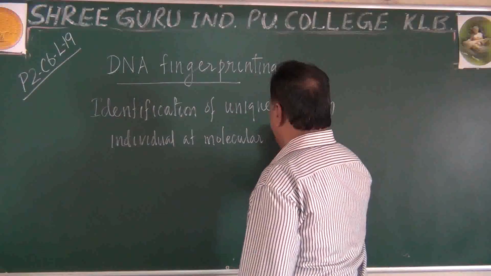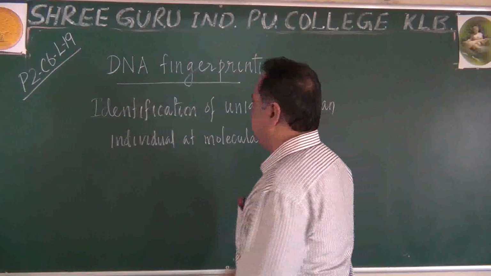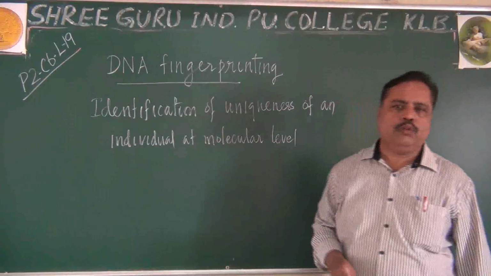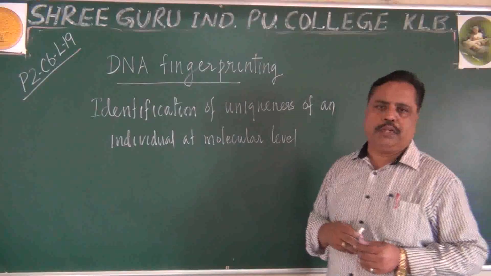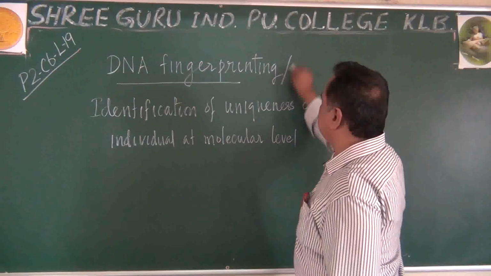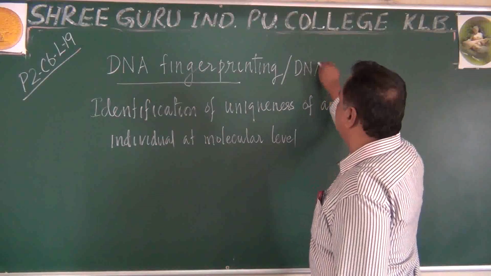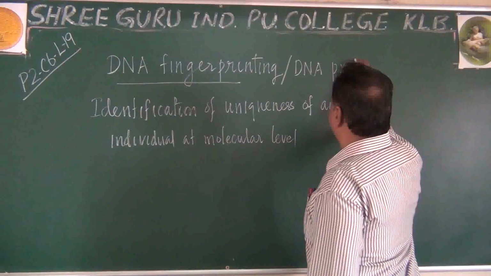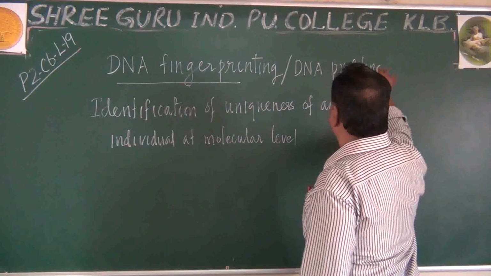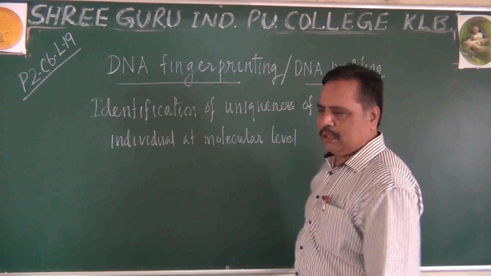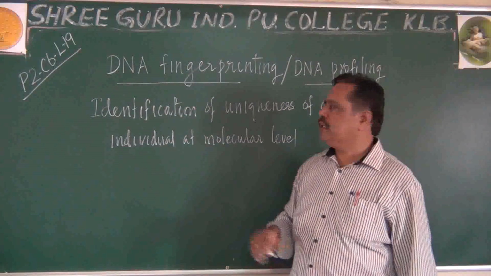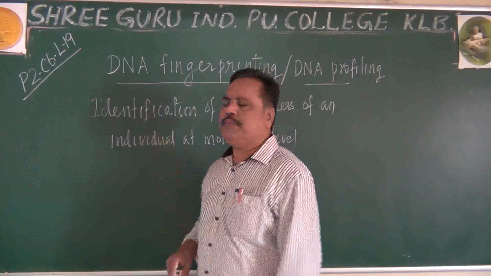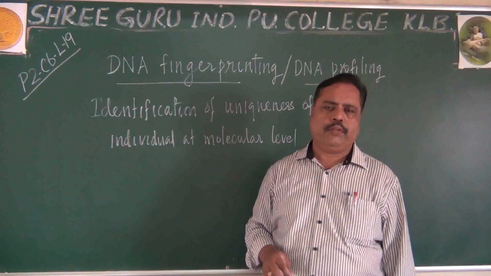So in DNA level or at molecular level, how to identify the uniqueness of an individual. That is called DNA fingerprinting. It is otherwise known as DNA profiling also. That how to identify this profiling or fingerprinting we have to see.